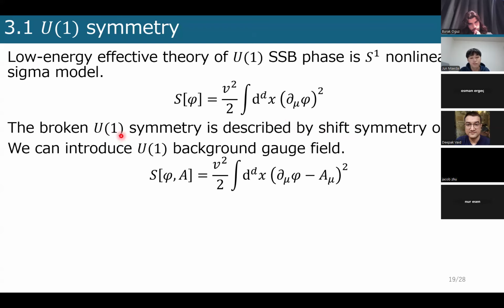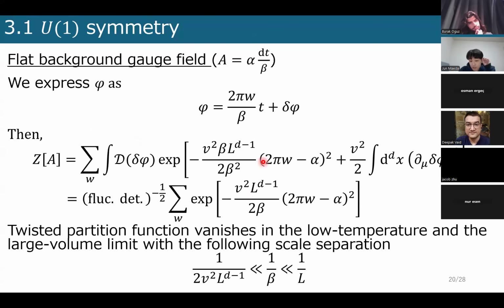And we can introduce a U(1) background gauge field. I will calculate the partition function explicitly. First, we consider a flat background gauge field, which is written in this form. To calculate the partition function, we must express phi as a sum of a winding part and a fluctuation part.